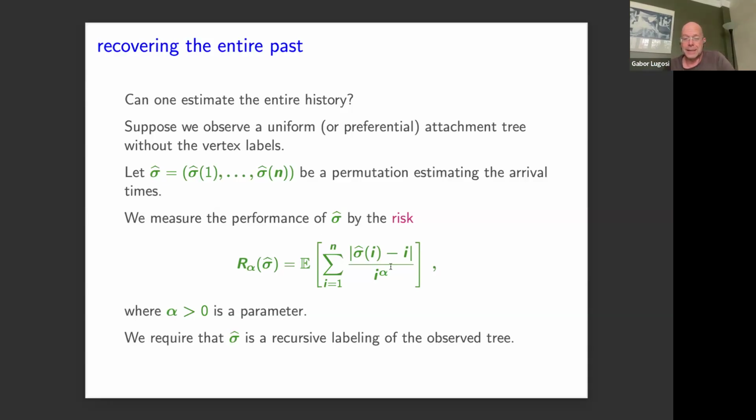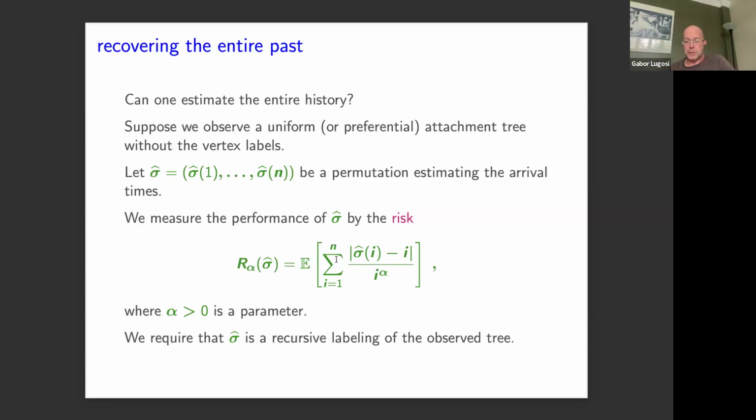What we looked at is this kind of risk measure, where we look at the assigned index of vertex i, and we compare it with the true index, which is i. So for each vertex, we look at the difference between the true and the estimated arrival time, and then we normalize by this factor where alpha is a parameter.